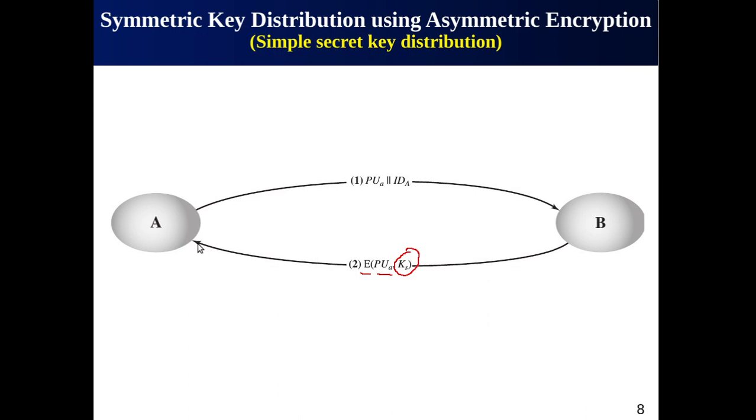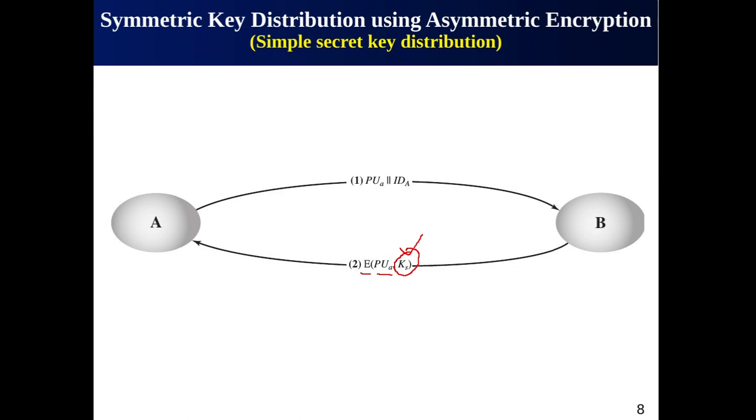Once this message arrives, A will decrypt this message by using the private key of A. So once A decrypts this message, A would be able to extract or recover this secret key represented by KS.